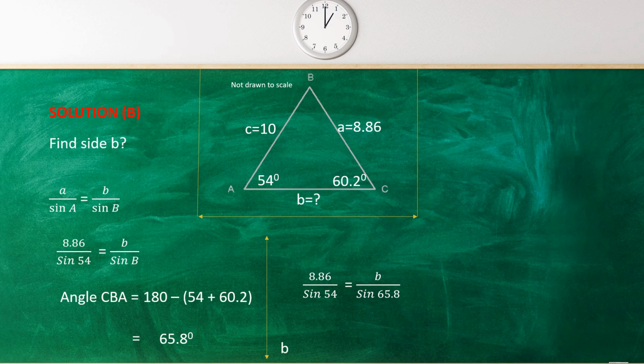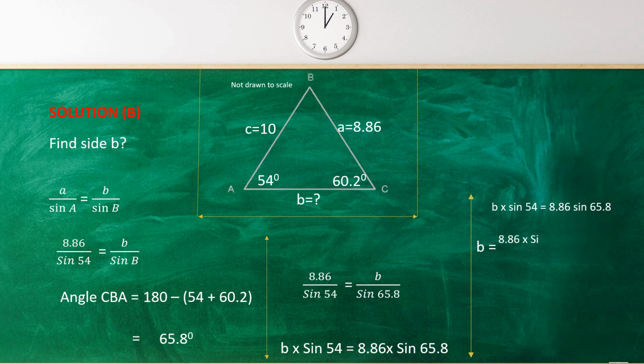We employ cross multiplication and do have B sine 54 will be equal to 8.86 times the sine of 65.8 degrees. To solve for B, we're going to divide by the sine of 54 both sides, and so we end up having 8.86 times sine 65.8 divided by the sine of 54.